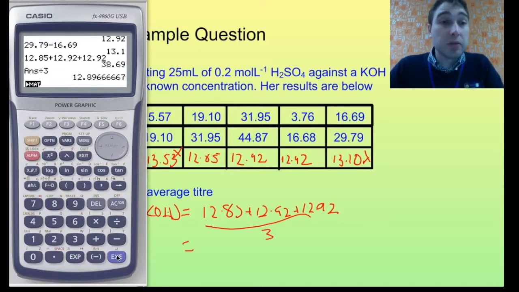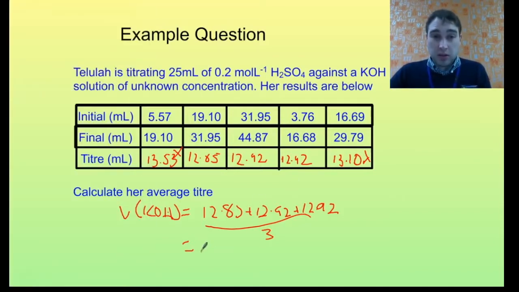And I get 12.896, so 12.90 rounded off. So 12.90 milliliters, which is 0.01290 litres. And that's my volume of potassium hydroxide that I'm going to use.